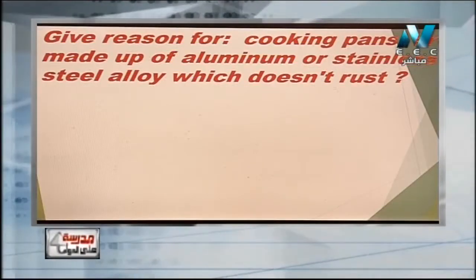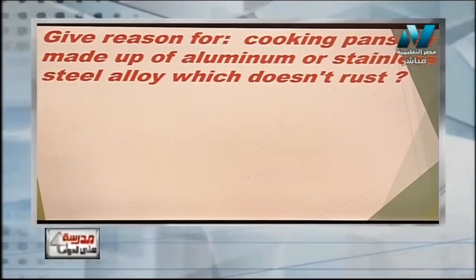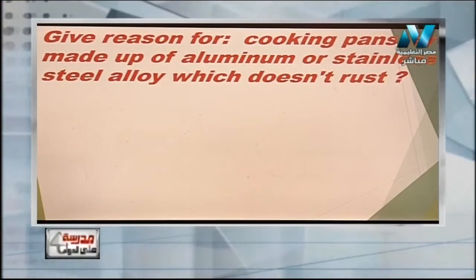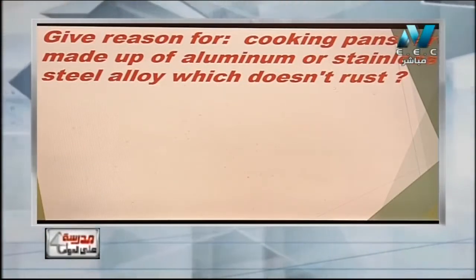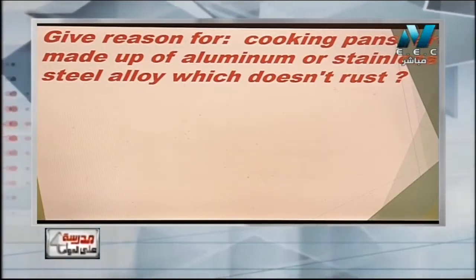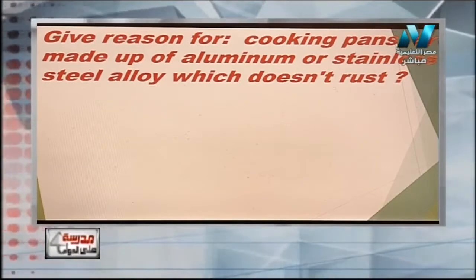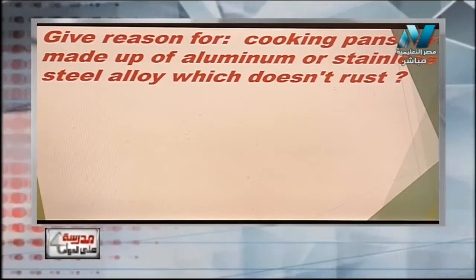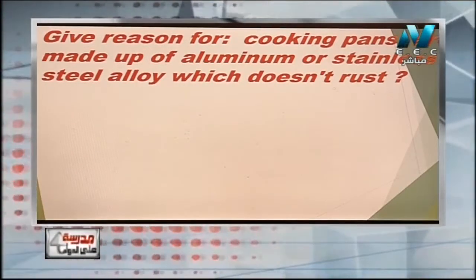Give reason: cooking pans, cooking pots, or utensils, the 3 terms are the same, are made up of aluminum or stainless steel alloy, which doesn't rust. Why? First, what is meant by alloy?